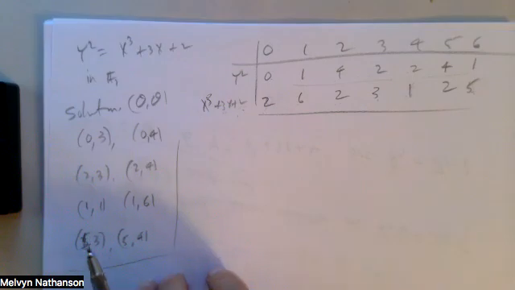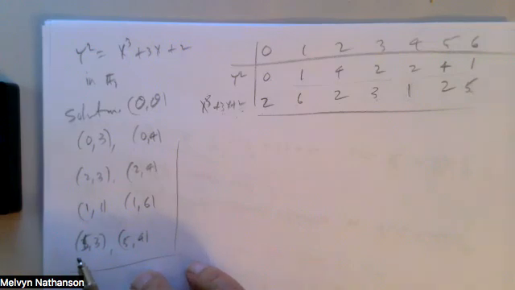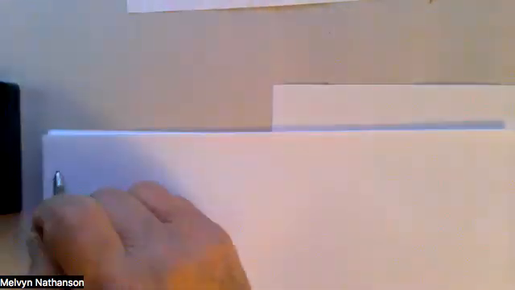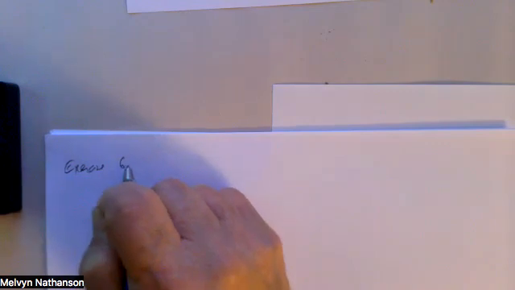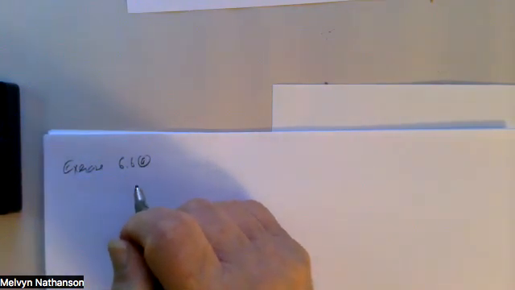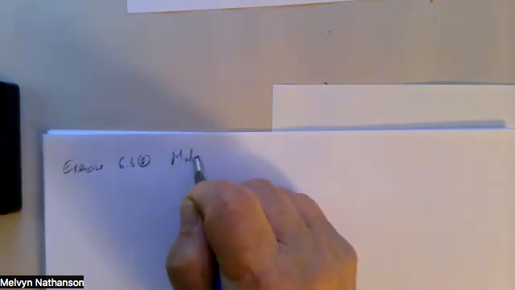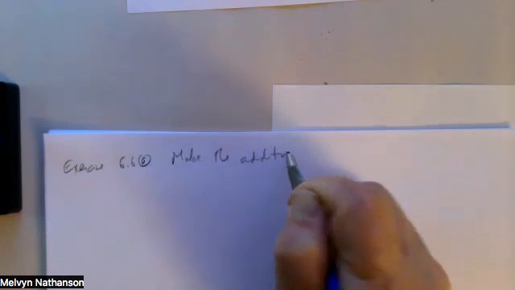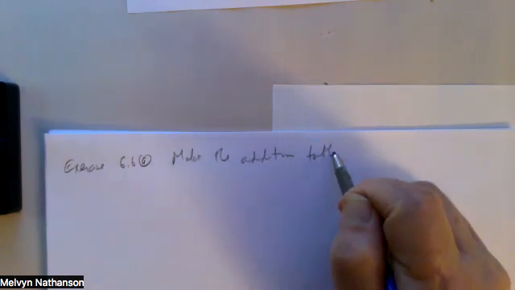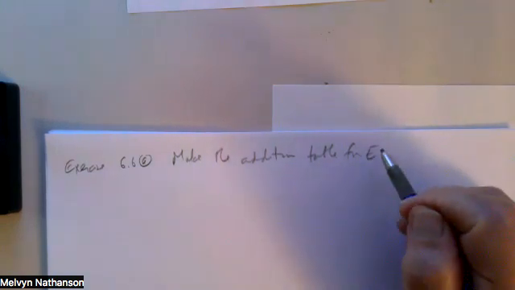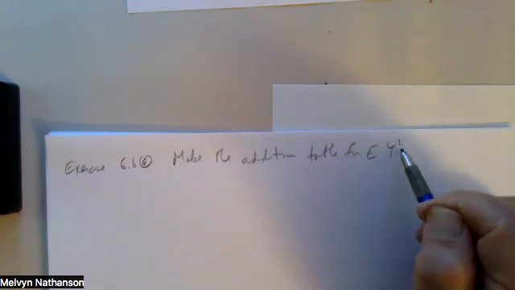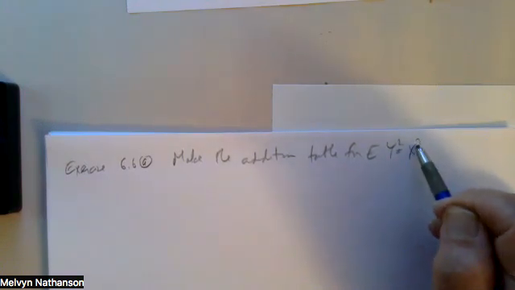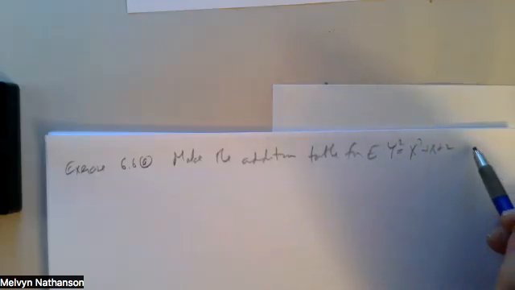Let's look at problem 6.6a. So make the addition table for the elliptic curve y squared equals x cubed plus x plus 2 over F5.